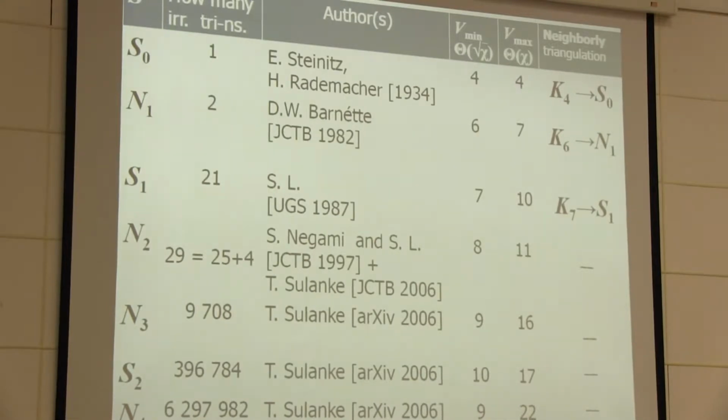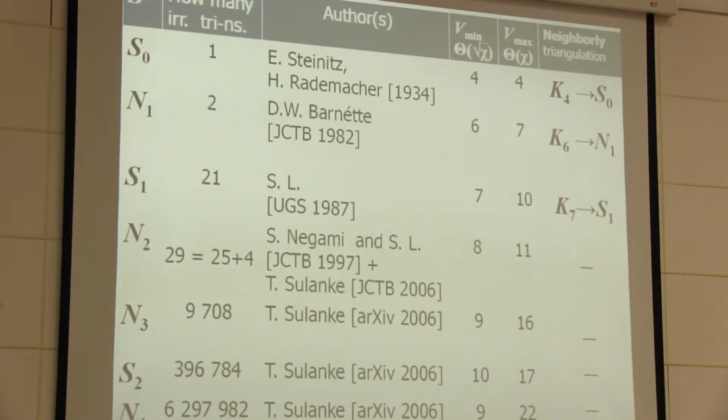This result appears in the remarkable book by Steinitz and Rademacher, published in 1934. Then look at the projective plane, N1. N1 means a projective plane, that is the sphere fitted with one cross-cap. And there are precisely two irreducible triangulations of the projective plane. Later I'll show those triangulations.